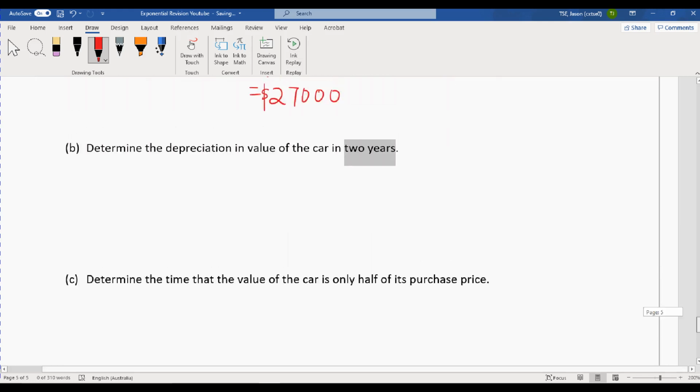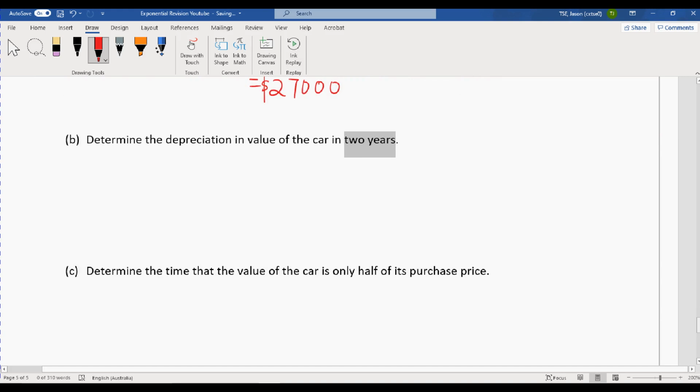Next: determine the depreciation value of the car in 2 years. What does it mean in 2 years? What's the depreciation? Depreciation value means the drop in value, the decrease in value.